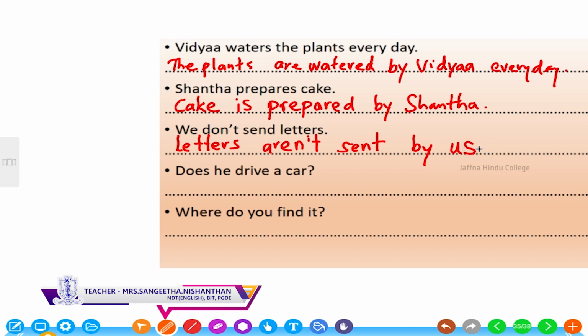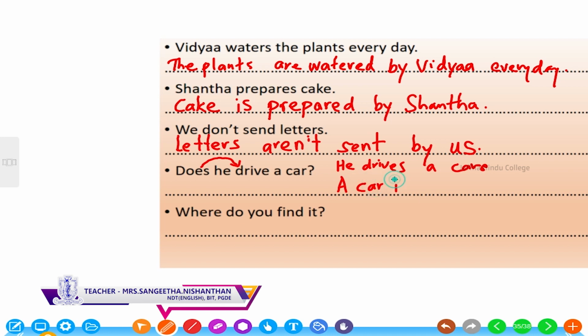The next one is a yes or no question. The does goes after the subject and joins with drive. So, now the statement is he drives a car. When we change it, what does he drive? A car. Singular, simple present tense.